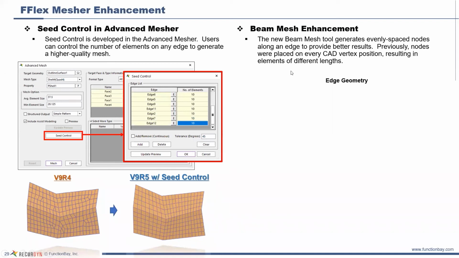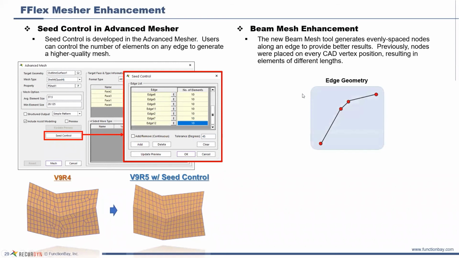There's also an enhancement to the meshing of beam elements: it will now generate evenly spaced nodes along an edge to provide better results.